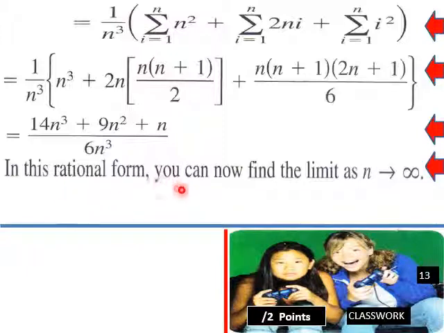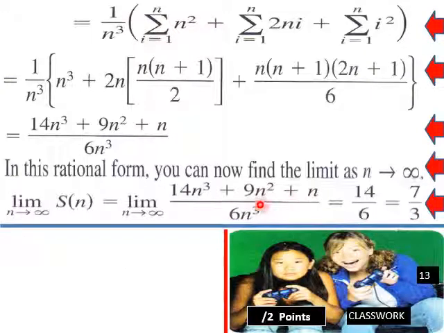In this rational form, you can now find the limit as n goes to infinity, and when we do that, we get 14 over 6. When we take it to infinity, if you graph this, or check a table in your graphing calculator, this is what it will come out to.